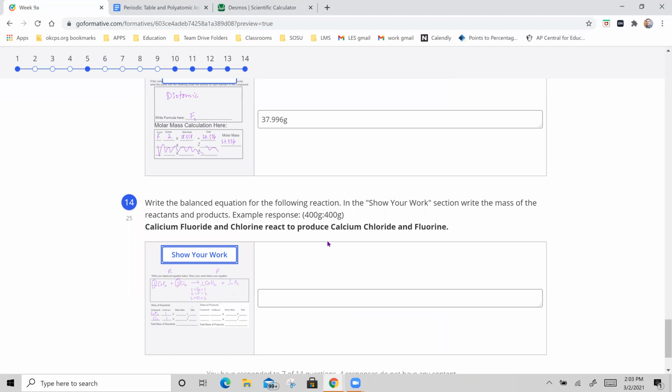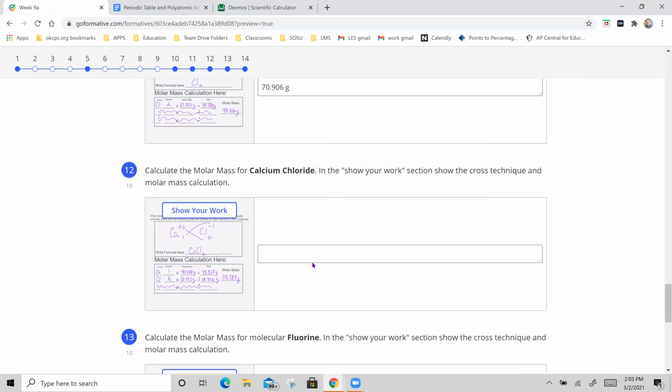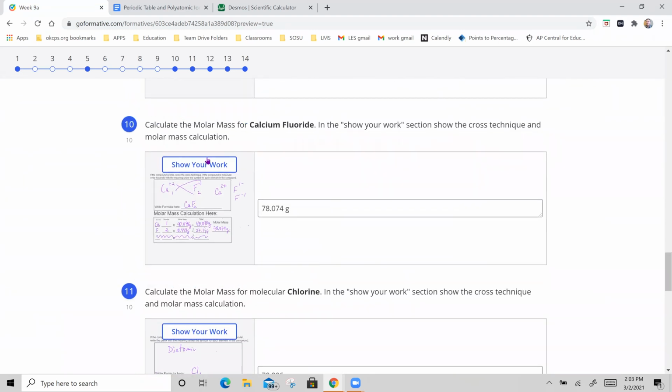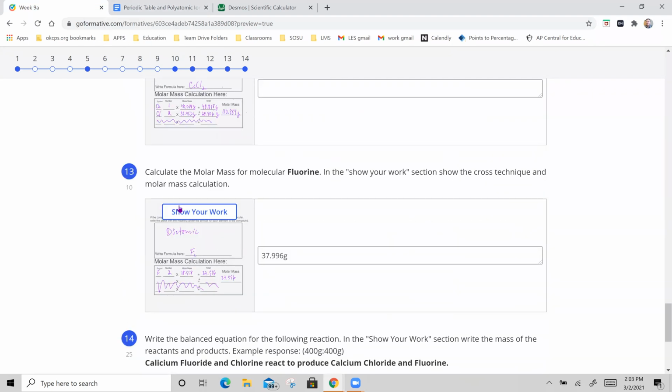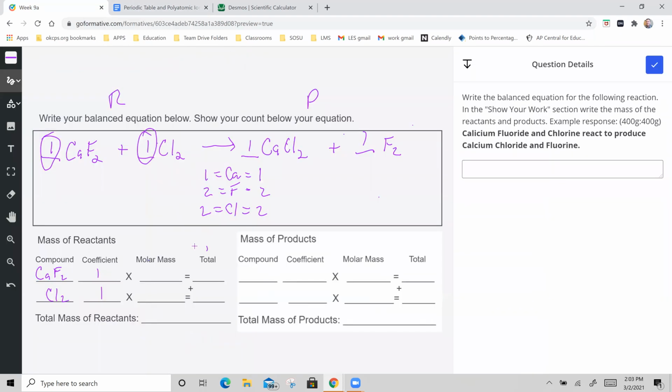I don't want to calculate that again because I already did. I go up to a previous problem and find my answer, which was 78.074. We multiply that times 1, which is 78.074 grams.